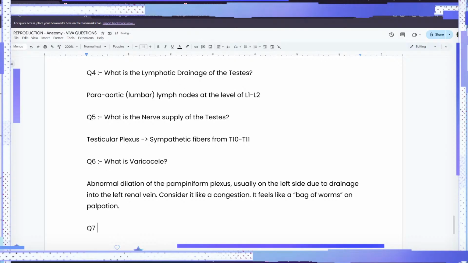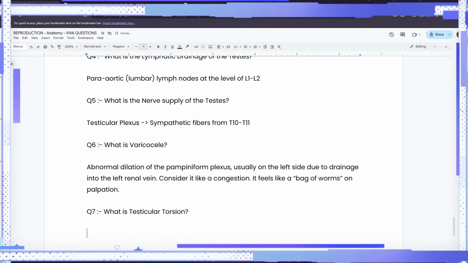Okay. Now the seventh question is what is testicular torsion? Right. So it is the twisting of the spermatic cord, cutting off blood supply of the testis.